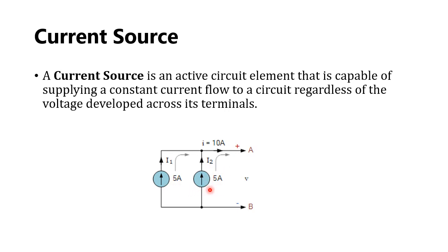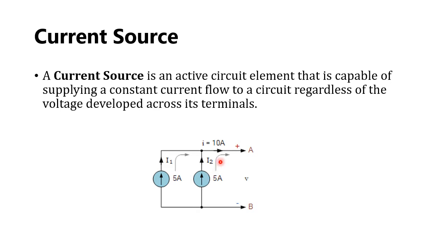In this circuit diagram, there are two current sources interconnected in parallel, 5 amperes, and this one is also 5 ampere. These two 5 ampere current sources are connected in parallel, but whatever the terminal voltage V is doesn't matter here, it will continuously supply 10 ampere.